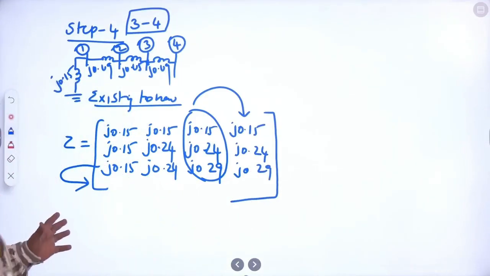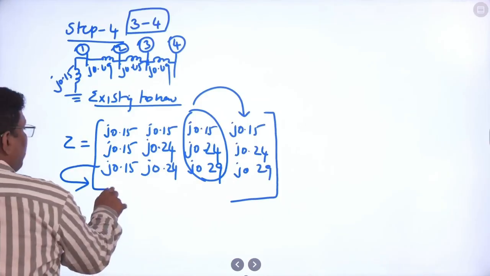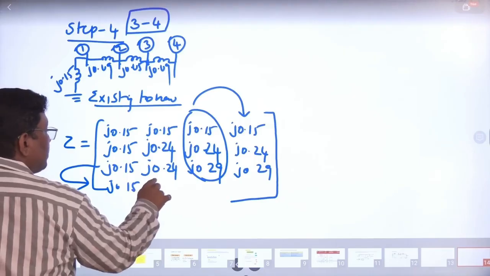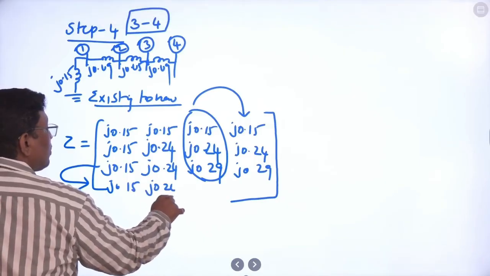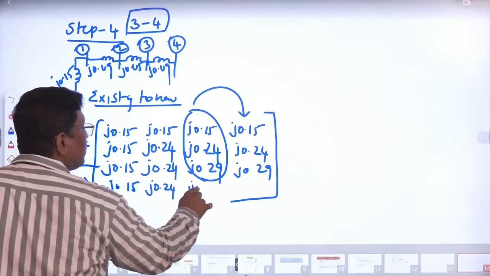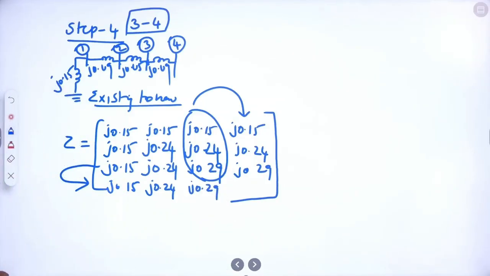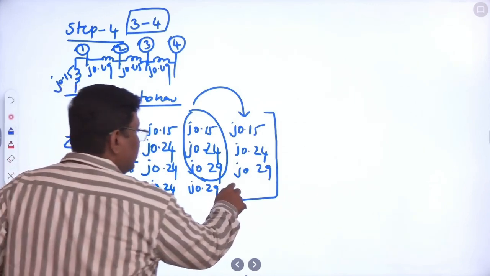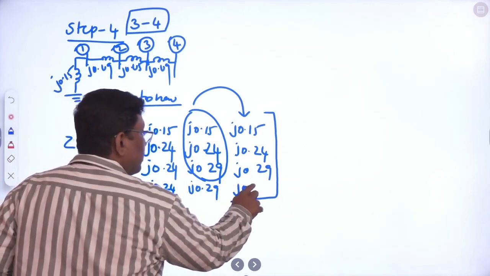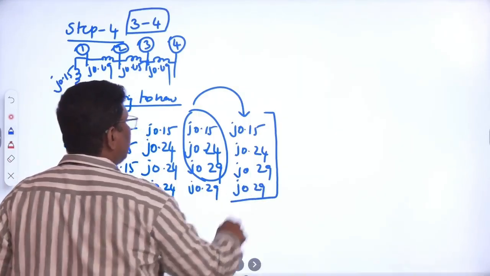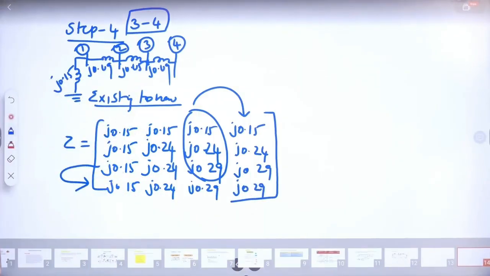Then now form the fourth row: 0.15, the same third row values repeated, 0.24, 0.29. The last value, Z44, is j0.29 added with the element available between 3 and 4.